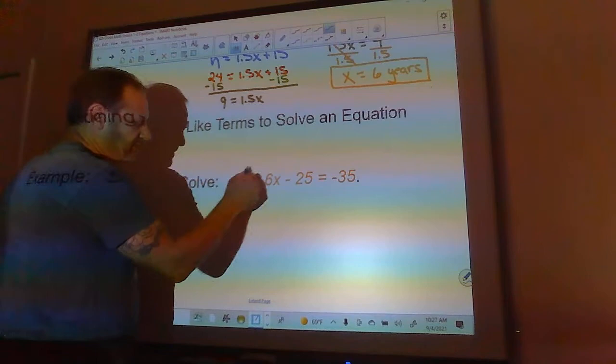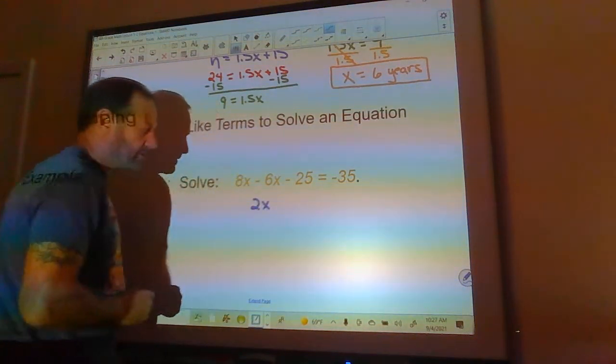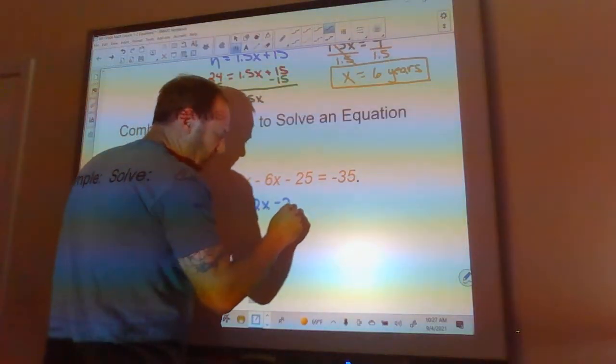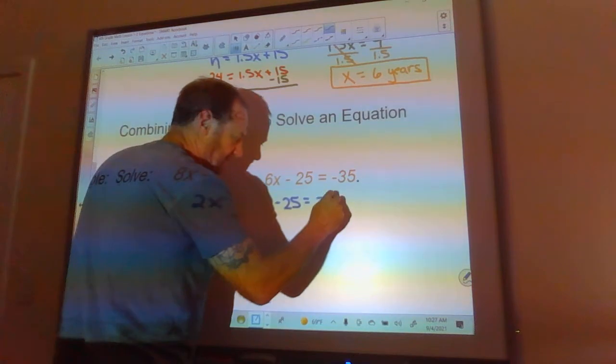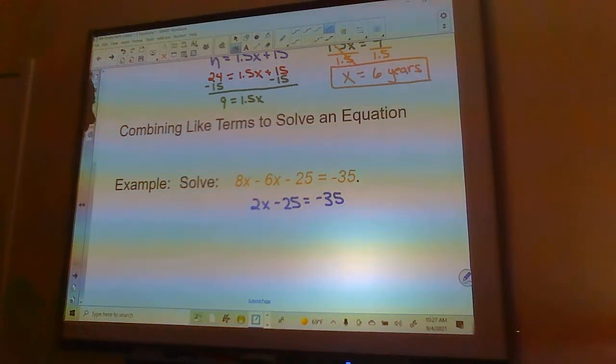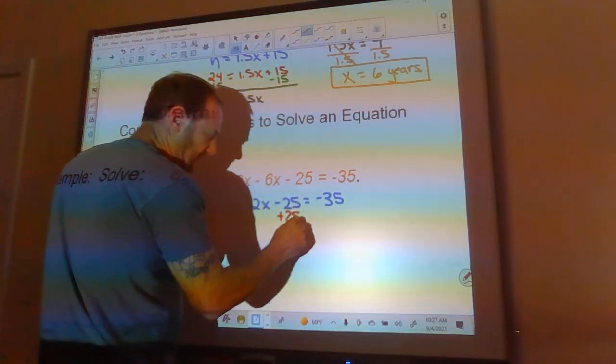Now, since these are both on this side of the equation, it's just easy. 8x minus 6x is 2x. Okay? And I don't like to do 2 steps at one time because I tend to make mistakes. So I'm just going to copy that down right there like that. And now I'm going to go ahead and add 25 to both sides.